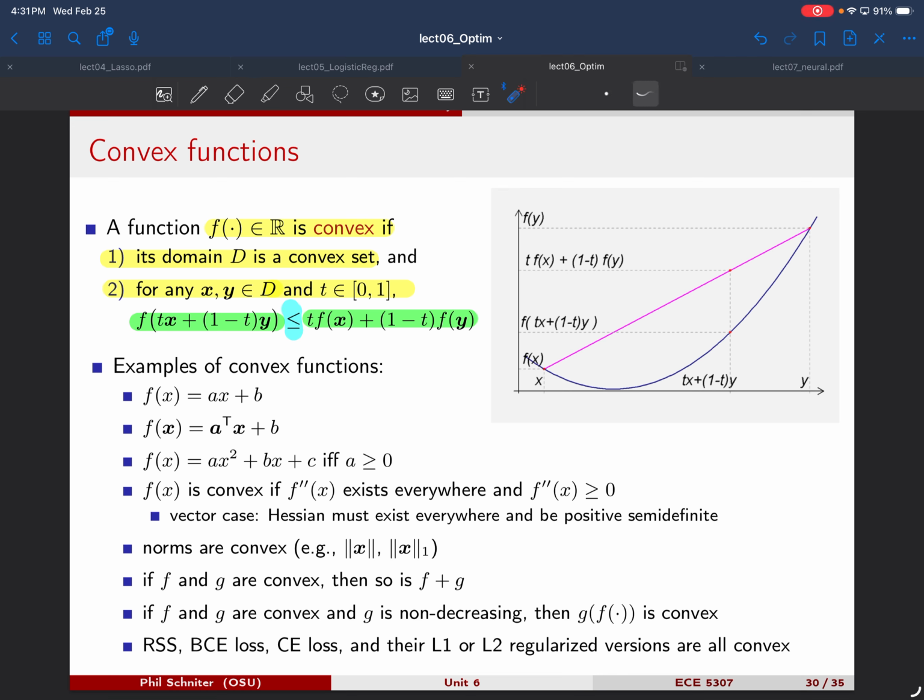In other words, interpolation at the input to the function should be less than or equal to interpolation at the output of the function.